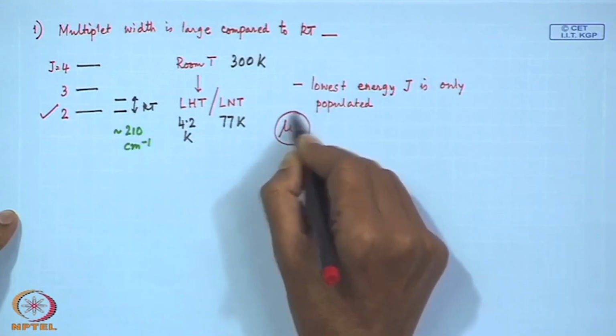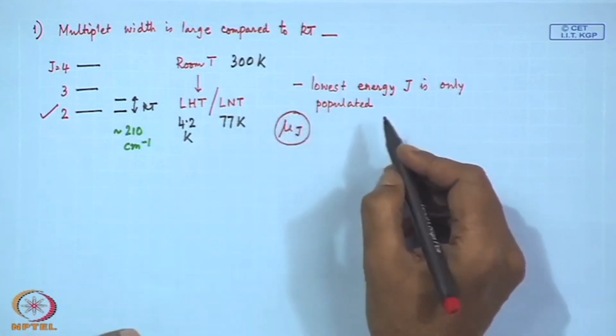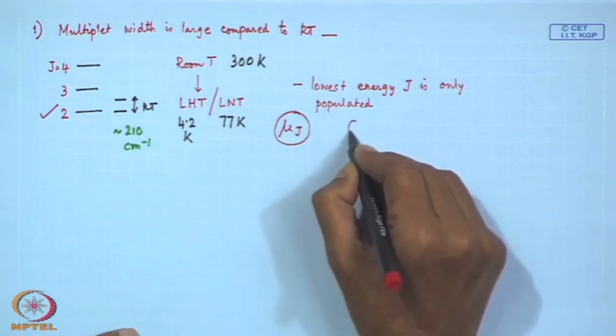We can find the magnetic moment in terms of the mu J value.